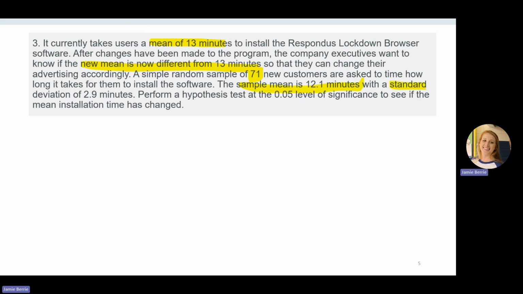And then sample standard deviation is 2.9. And again, I'm not seeing the words population standard deviation, so I know that I'm going to have to do a t-test. And then I see that 0.05 is my level of significance. All right, so I want you to pause the video, try this one on your own, and then check and see if you get the right answer. I'm just going to work quietly.